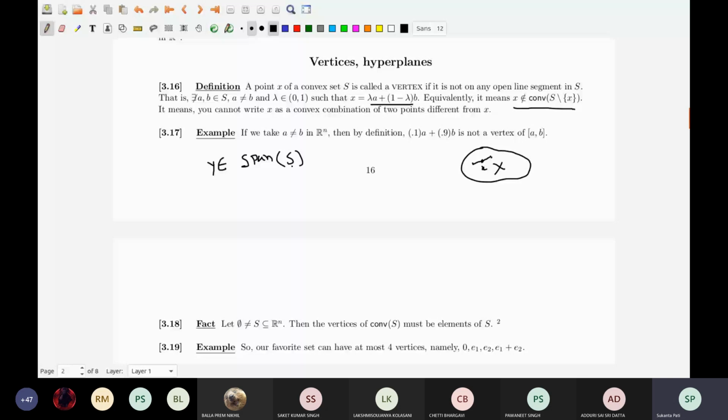Okay, so I was talking about vertex. A vertex is a point, a corner-like structure.